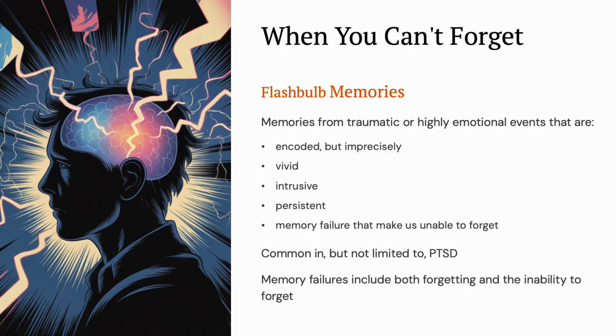So the encoding itself is flawed, it's imprecise, it's non-specific. And so there may be things missing, there may be large gaps, or it may be limited to one or two sensory inputs and ignore some of the others.